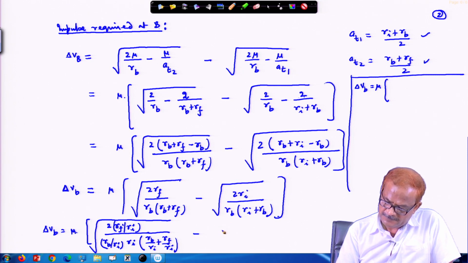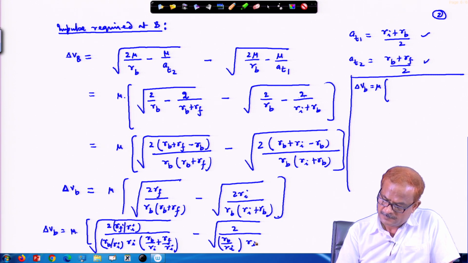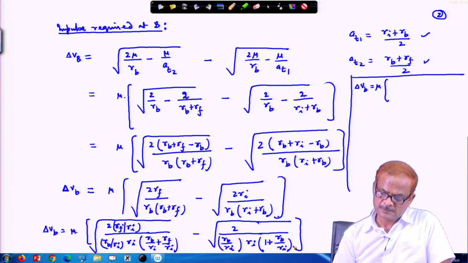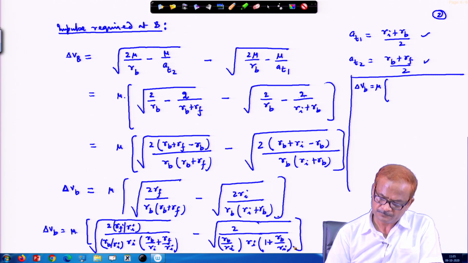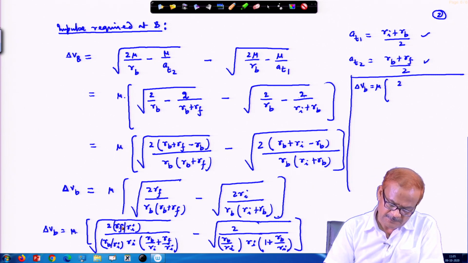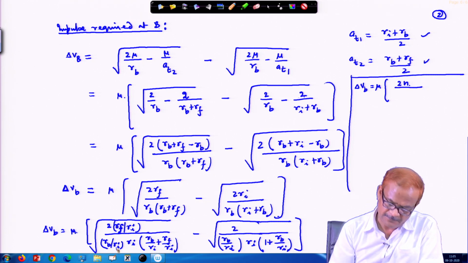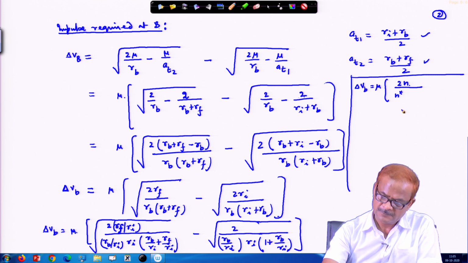So, we can rewrite this as 2 divided by r b by r I. This gets reduced to the form 2 r f by r I, so 2 n divided by r b by r I, which is n star.